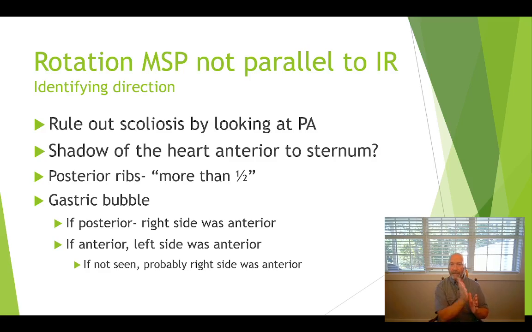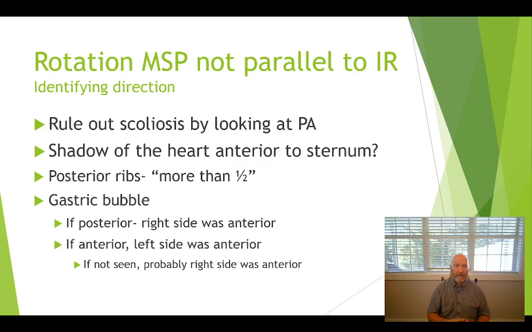So the spine curves and the body tries to correct the curve and put the center of gravity in the spine. But with those lateral curvatures, what you also get is a little bit of rotation, and you just can't overcome it at all. So before you repeat a lateral, make sure you look at the PA and see if there's any scoliosis.